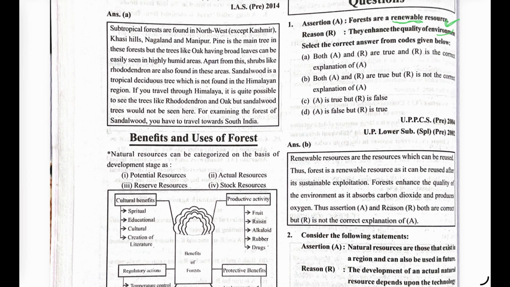But renewability and enhancement of the quality of the environment have no direct correlation. If we talk about green energy or clean energy, then it is directly correlated. So A and B are correct, but the reason is not the correct explanation of the assertion. So C is the correct option.